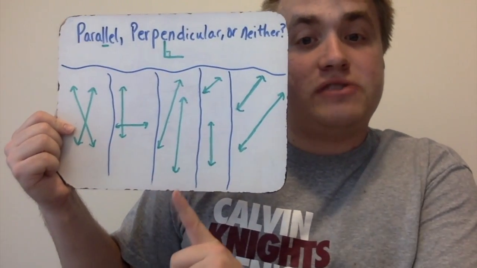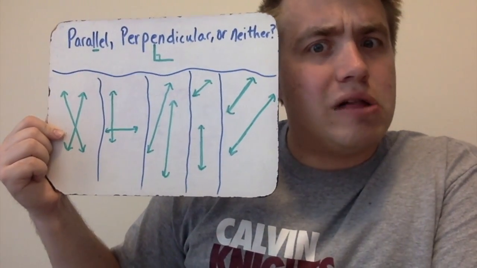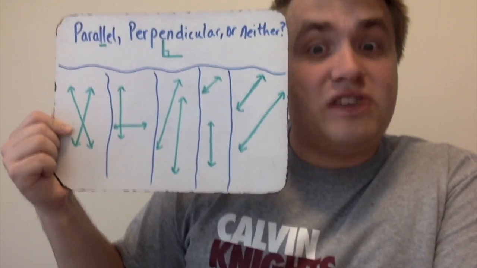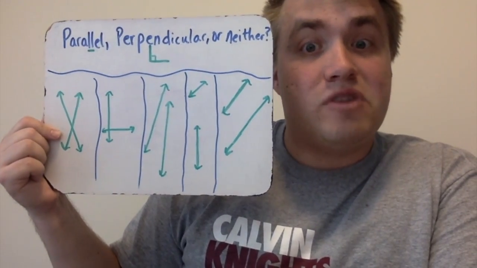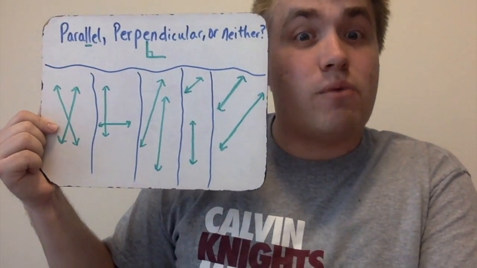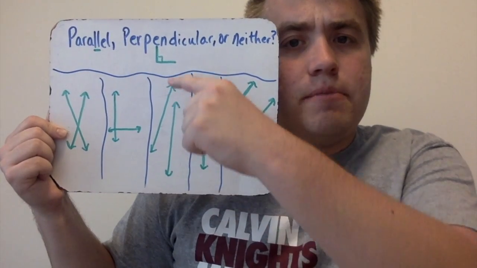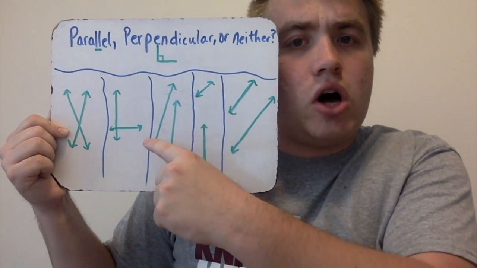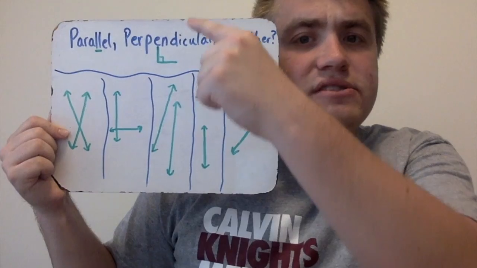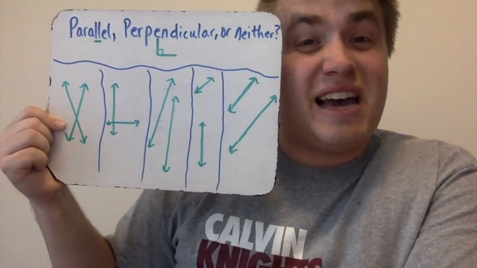We have perpendicular. Let's take a look right here. Well, neither of these lines here are touching, so maybe they're parallel. Since they're not touching, I know that they're not perpendicular, because perpendicular lines at least need to touch each other along with making that right angle. But if I were to take this line here and continue it up, and take this other line here and take it across, I would notice that both of my lines right about here would come in contact with each other.